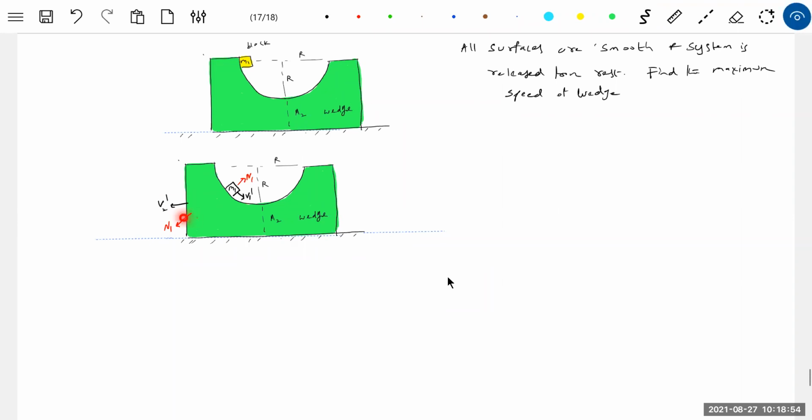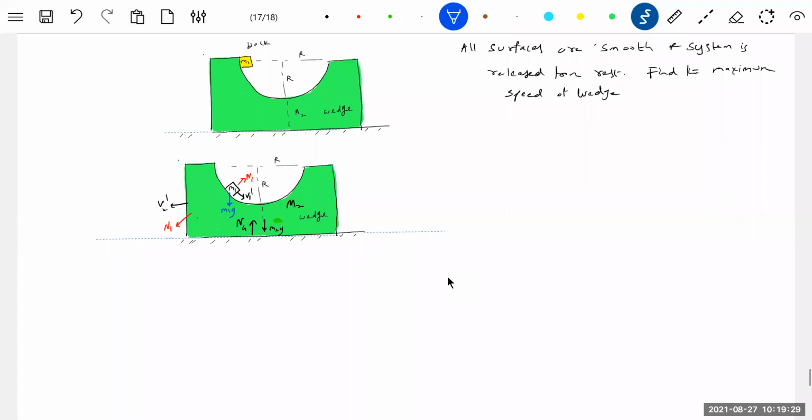Because of N1 sin theta, and the weight will also be acting, and the normal contact from the ground. The weight of this also will act. Show all the various forces that are acting.